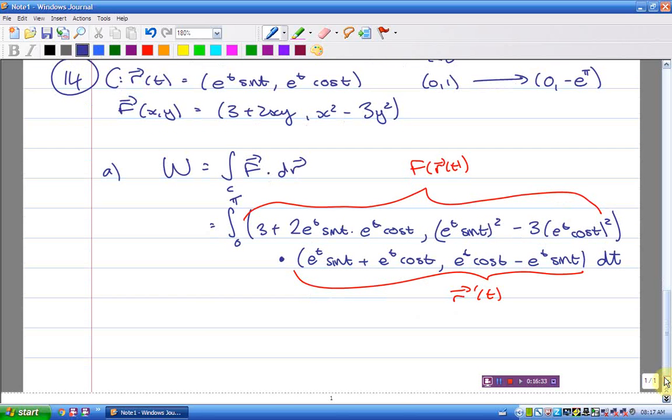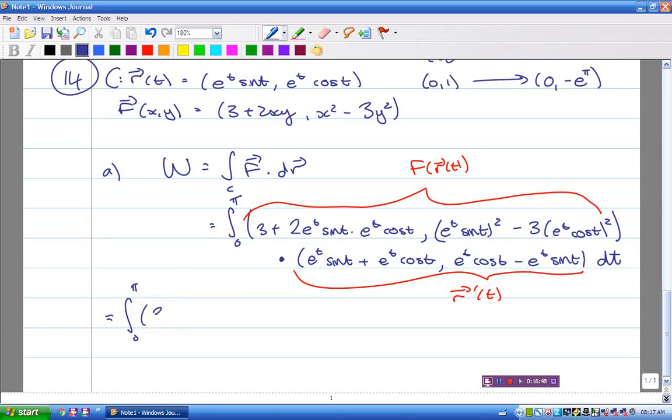Okay, now we've got to dot that. We know how to do dot products. Dot products are easy. So here we go. Equals. I'm going to write my equals over here because we clearly have a lot of terms. 0 to pi. Let's do the dot products. All right. I'm already getting bored with this.